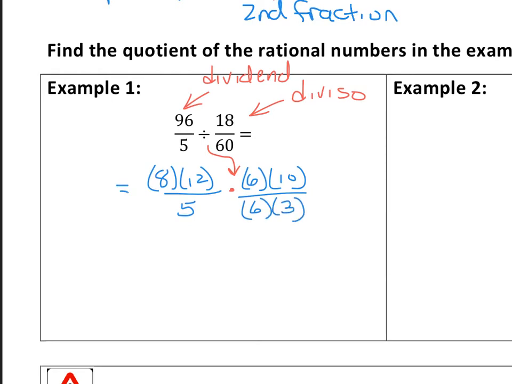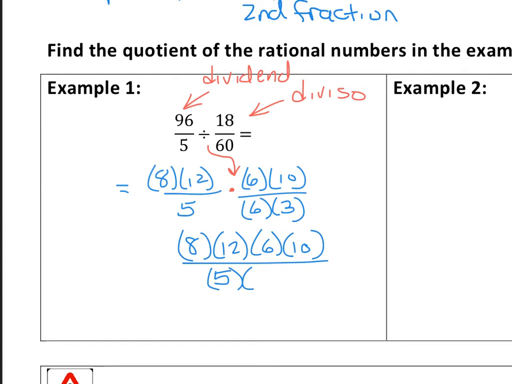And so I multiply the numerators all together and multiply the denominators all together, so they all line up here. 8 times 12 times 6 times 10, and on the denominator, I have 5 times 6 times 3.